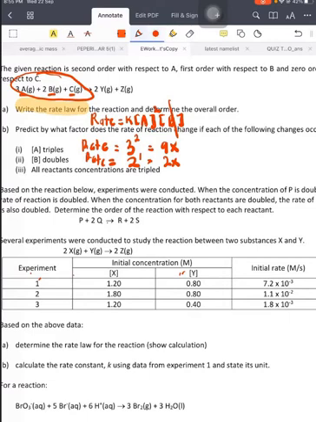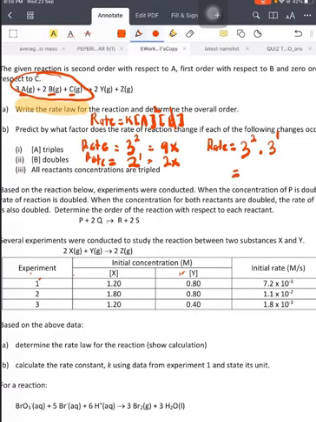Okay, so now look at the changes we have in 3. In 3, it says all reactant concentrations are tripled. So only in this case do we change both concentrations. So we must write rate equals A, which in this case is to the power of 2, and the concentration is tripled, so 3 to the power of 2, multiplied by B, which is also tripled, but it is at first order.